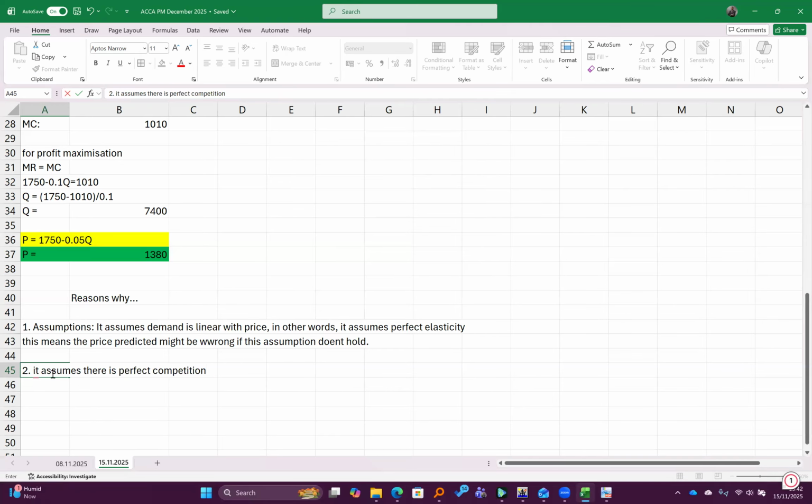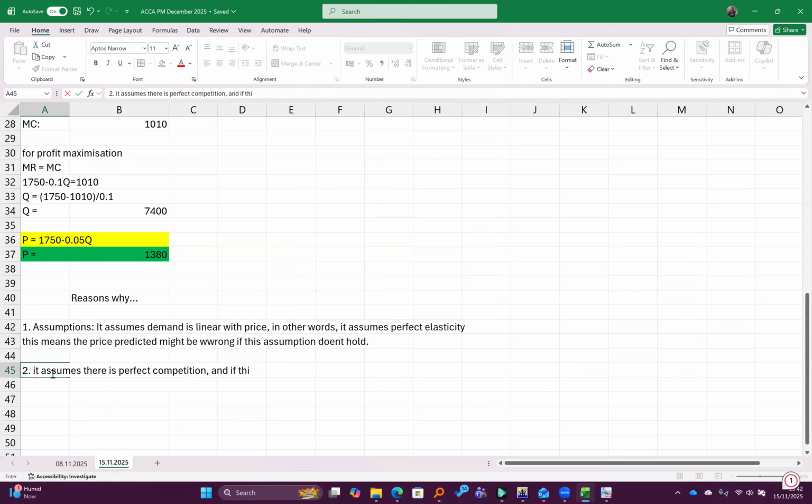Sometimes you can have a good price set, but then maybe there is a monopoly or an oligopoly where a few players gang up on you, and then they set prices that are going to affect you, then that can also cause problems. So it assumes perfect competition.